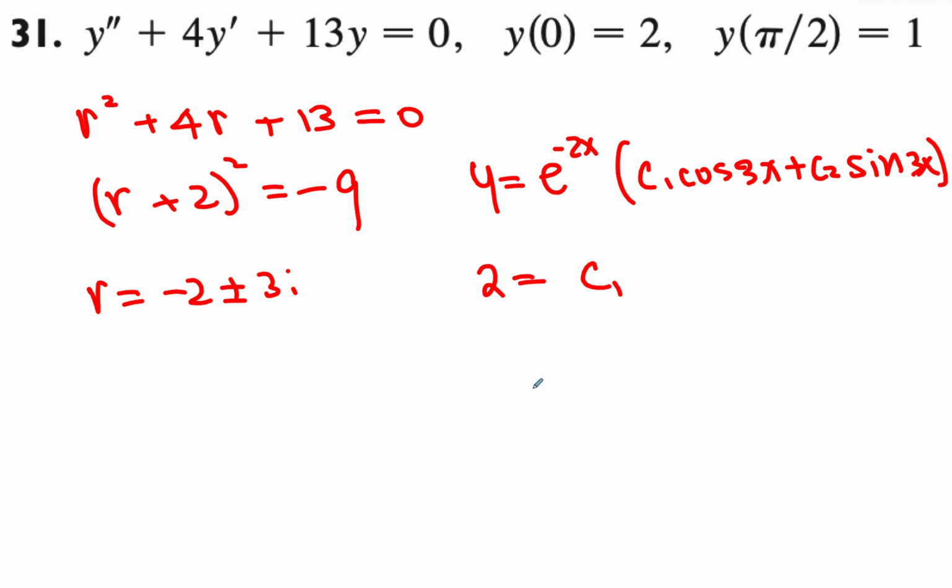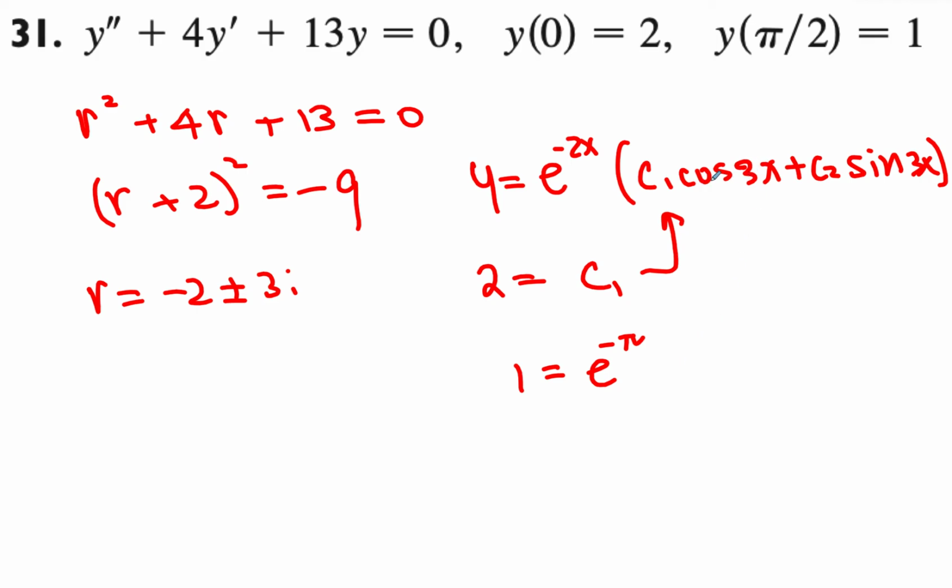Then let's look at pi over 2. Knowing that c sub 1 is equal to 2, when you plug in pi over 2, 1 equals e to the negative pi, because pi over 2 times negative 2 becomes negative pi.